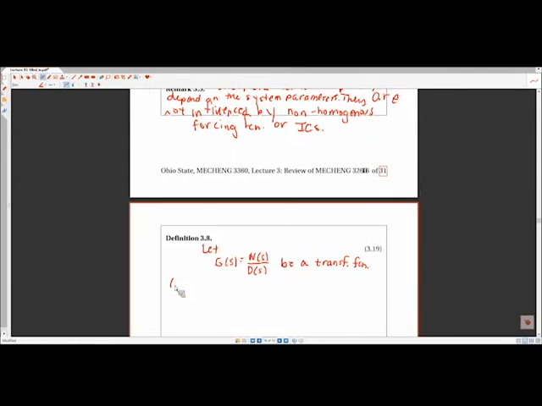And then we'll define that D of S is the characteristic equation and that the lowest power of S in the polynomial D of S is termed the system type.